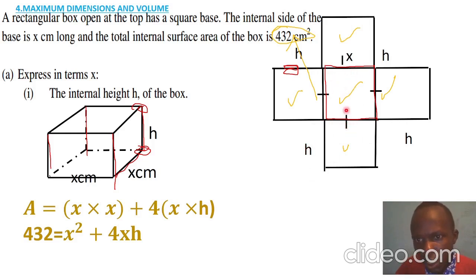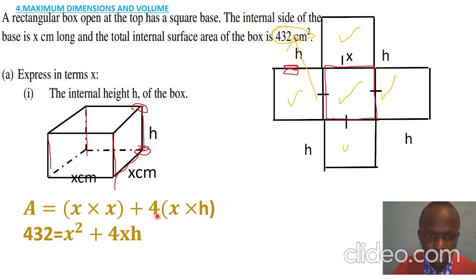But there's this one here at the center, which is the base. That's x times x. So the area is x times x because the length is x and the other length is x. So look at it. Total area is x times x plus 4 times x times h. Why are we saying x times h? This is x and then this is h.